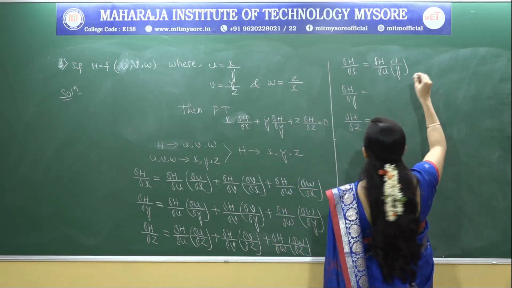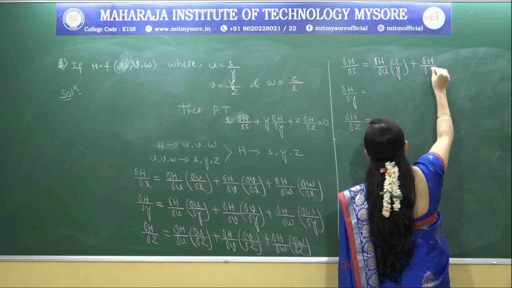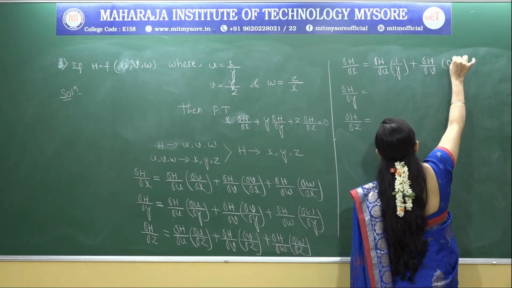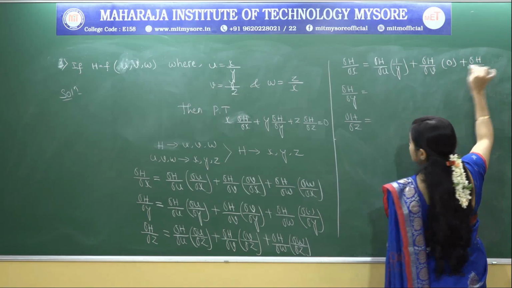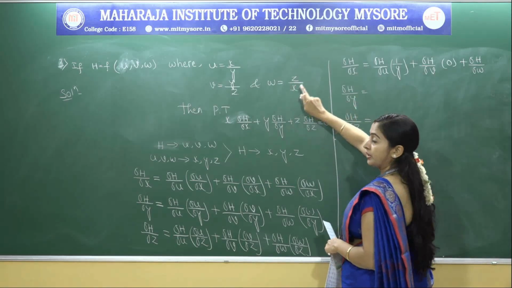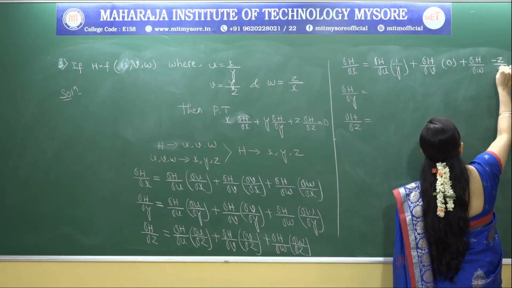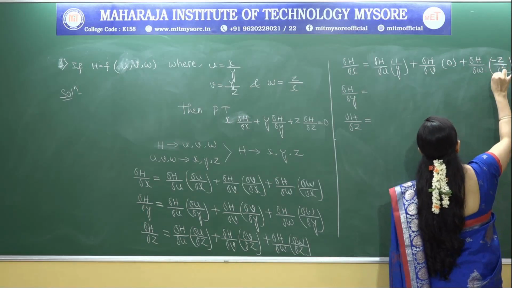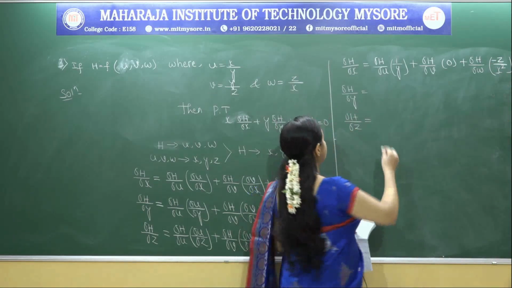Similarly, V with respect to X, you don't have the X term in the V, so the differentiation of this is 0. Similarly, del H divided by del W, so W you have to differentiate with respect to X. Since X is in the denominator, you have to differentiate 1 by X, so 1 by X differentiation is minus 1 by X square. Similarly, you can write the other two parts.